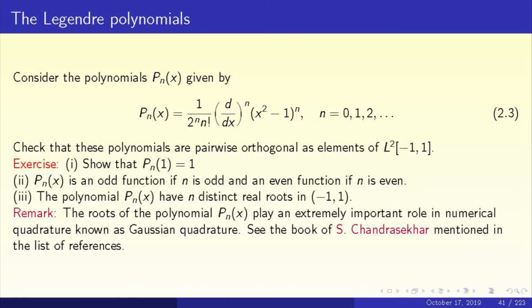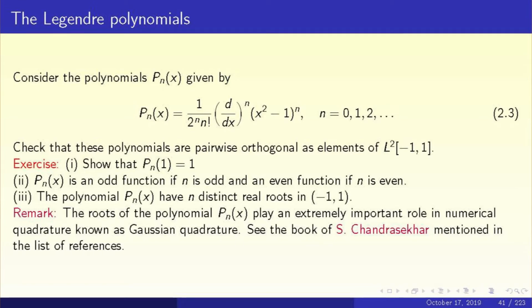Now, you observe that the degree of Pn(x) is exactly n, and so you have a linearly independent set of polynomials P0(x), P1(x), P2(x), etc. These polynomials are pairwise orthogonal. If I take Pn(x) multiplied with Pm(x) and integrate from minus 1 to 1, you get 0 if m is not equal to n.